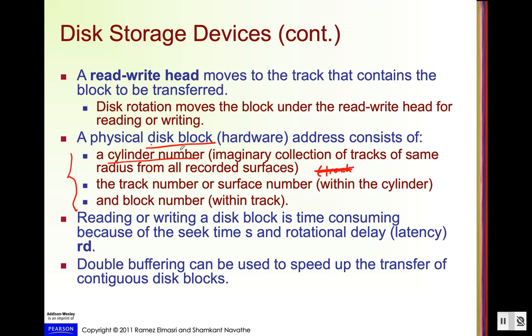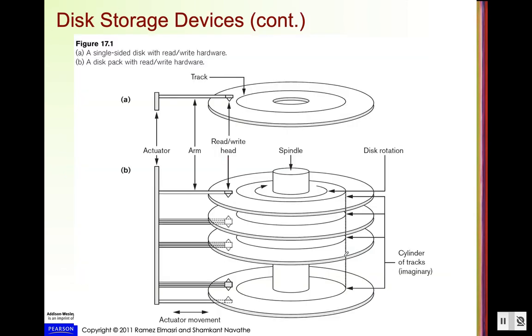The combination of the cylinder number, track number and block number gives the address of a specific disk block. Reading and writing a disk block is time consuming because of the seek time and the rotational delay. Double buffering can be used to speed up the transfer of contiguous disk blocks.